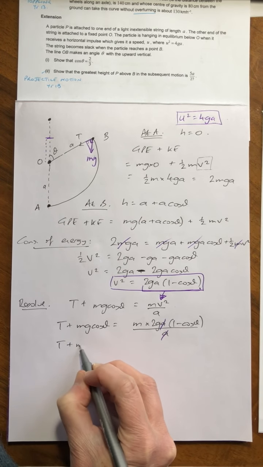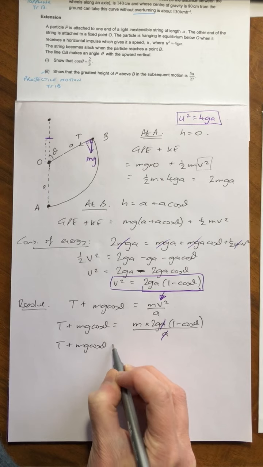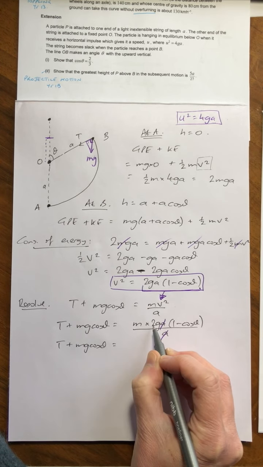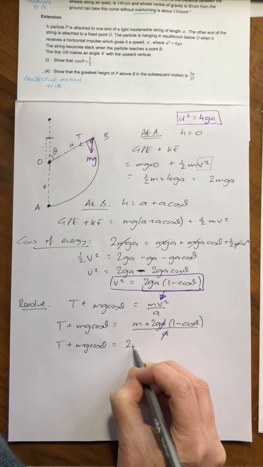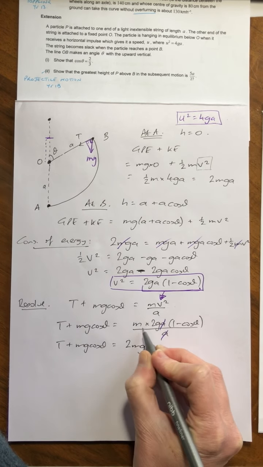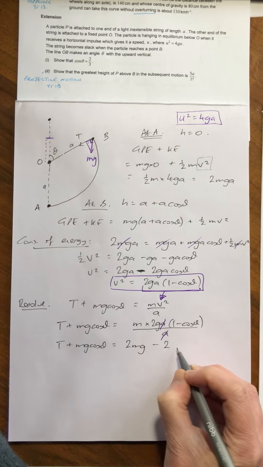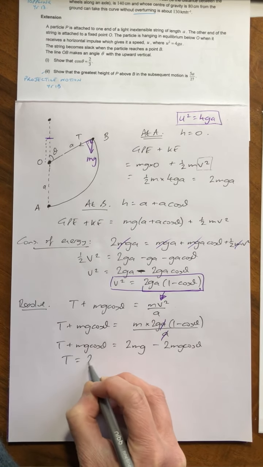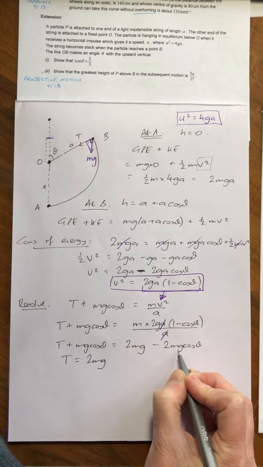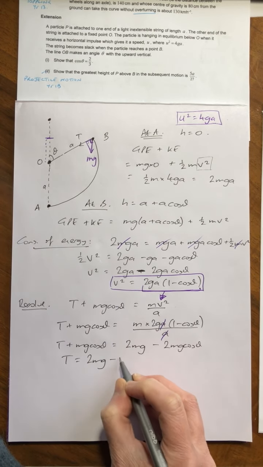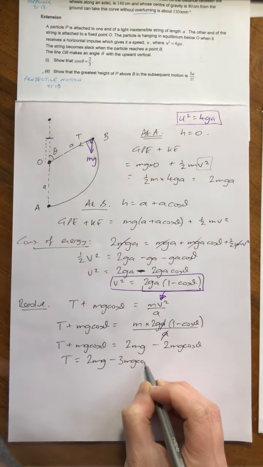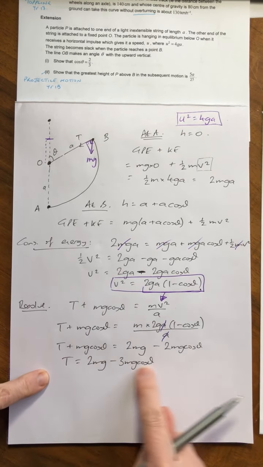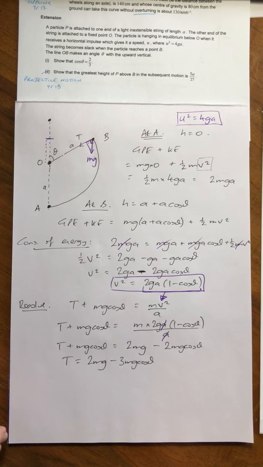T plus mg cos theta is equal to, the a's are gone, so I don't have a fraction anymore, I've just got 2mg, and then 2mg cos theta, that's negative. T equals 2mg minus 2mg cos theta minus another one, minus 3mg cos theta. Quite often a question would want you to find a general expression for the tension anyway.